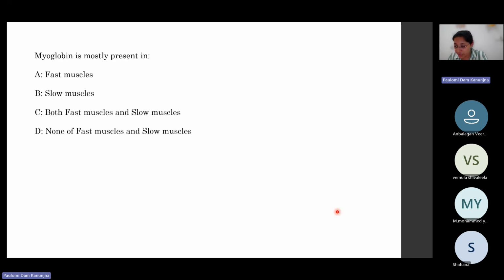So you just need to remember this from that perspective. Where do you see more myoglobin? In which kind of muscles? Remember the twitches, fast twitch, slow twitch muscles.